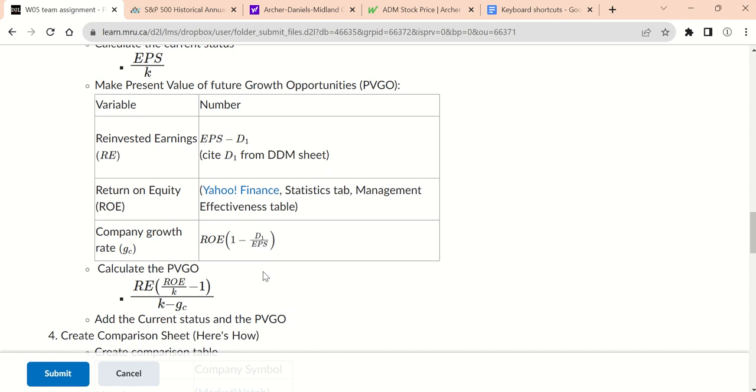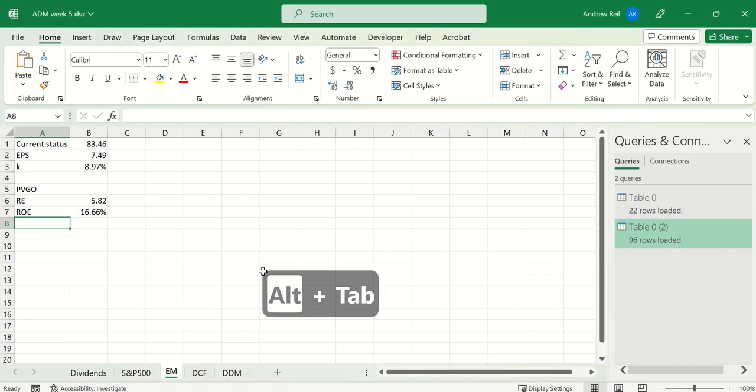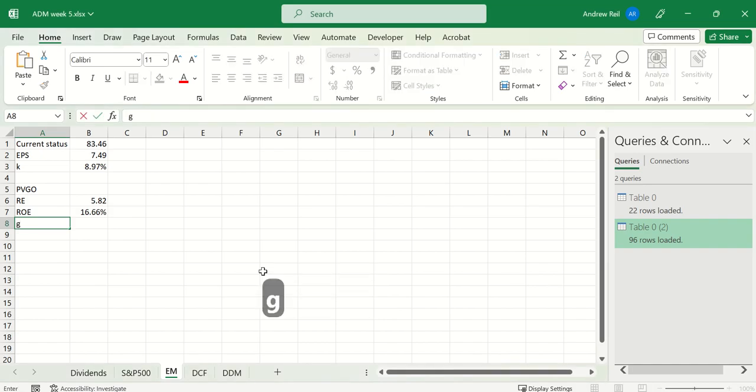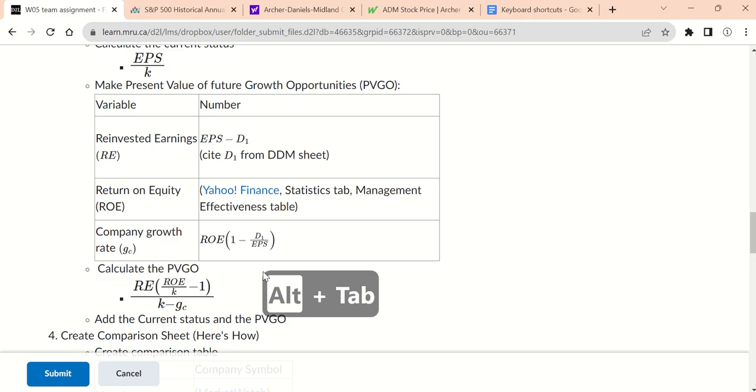And then the next one I'm going to get is the company growth rate, the growth rate for the company, GC. I put a C on it because I want to differentiate that from the growth rate of the dividends. The growth rate of the company is determined by the return on equity multiplied by 1 minus the future projected dividend divided by the earnings per share.